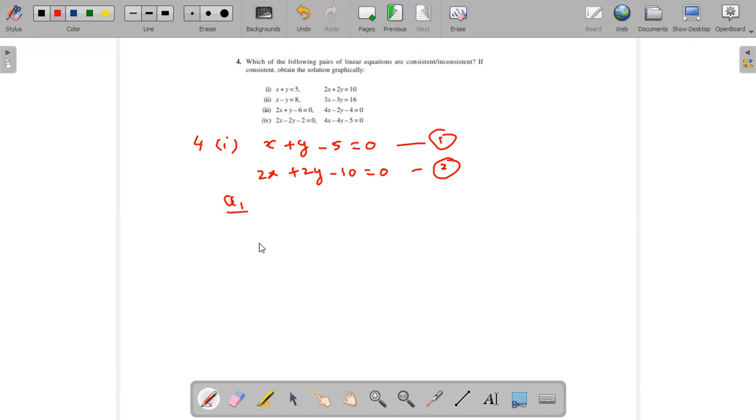A1 upon A2, check the condition. I'm putting in the values directly. A1 upon A2 is 1 by 2. And B1 upon B2 is also 1 by 2.